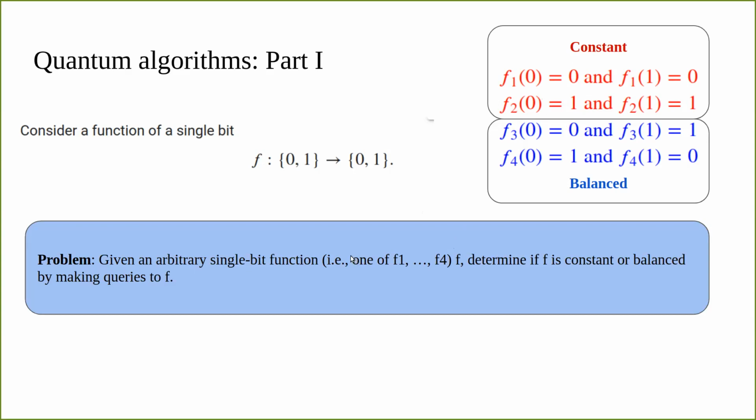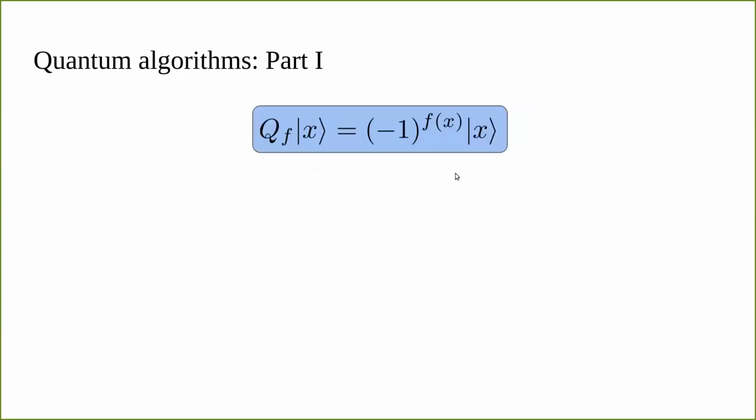It's not hard to argue that in the classical case, this will take at least two queries. Each bit is independent, so I have to send in both bits in order to determine whether the function is constant or balanced. In the quantum case, we'll be able to do it with one query, and I'll show you how that works. First, what is the analog of the query in the quantum case?